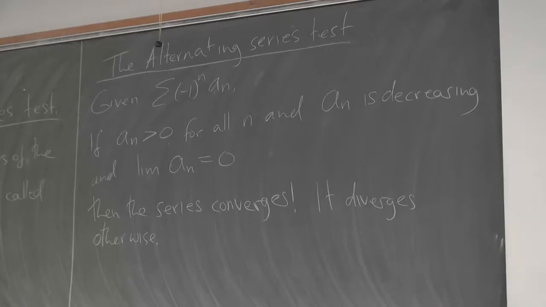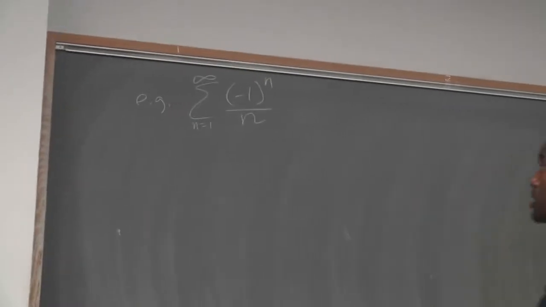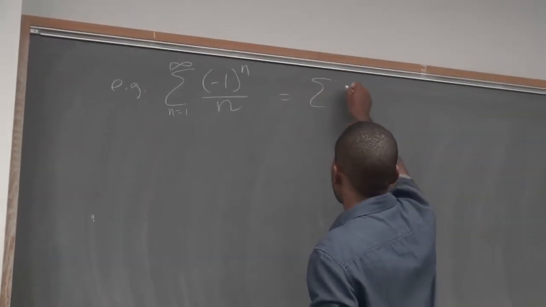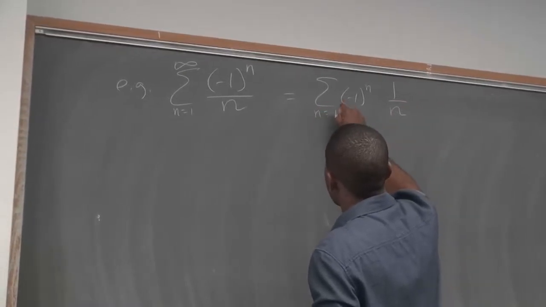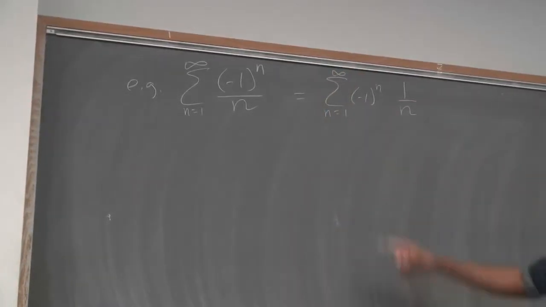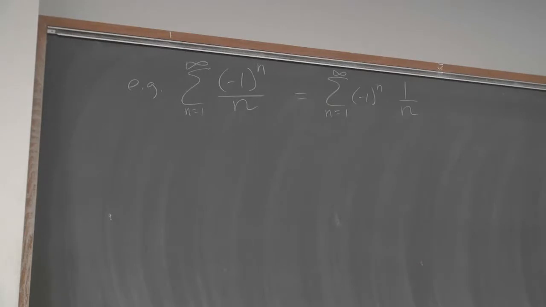This guy is called the alternating harmonic series because it's actually (-1)^n times 1 over n. Now we know that the sum of 1 over n diverges because it's a p-series where p equals 1.